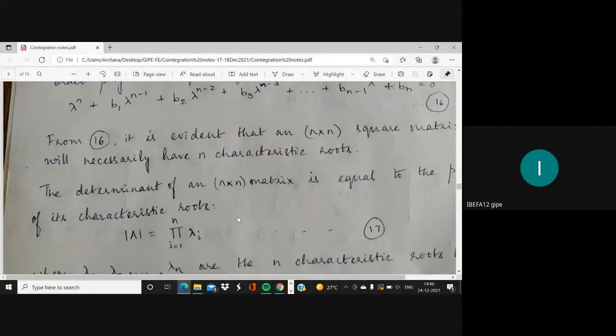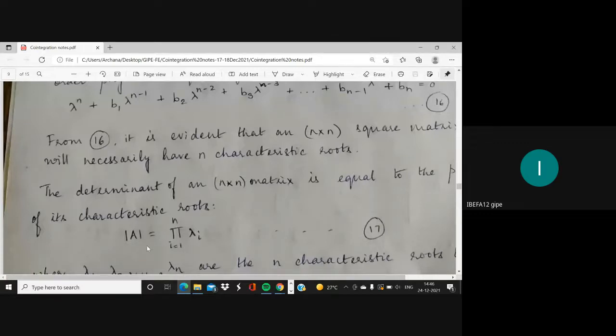Now, the determinant of an n by n matrix is equal to the product of its characteristic roots. Here this term has been cut out. This denotes the product of the characteristic roots. We are denoting the characteristic roots by lambda, so i will run from 1 to n.